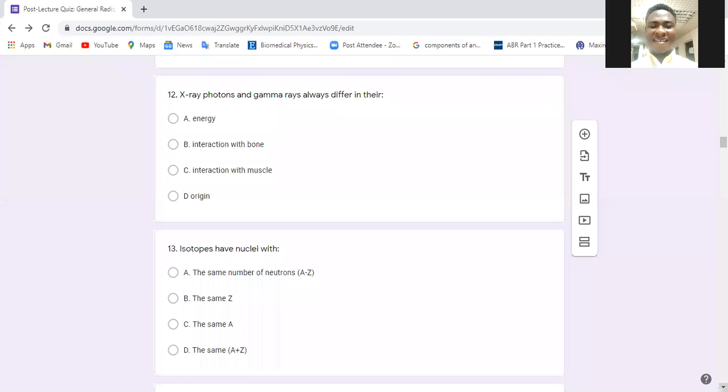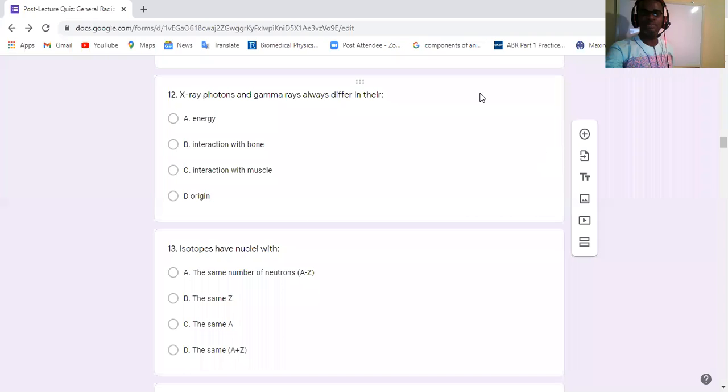Why the gamma rays from the nucleus? Okay, well, for me, the question is not too straightforward, because X-ray photons can come either from interaction of electrons with orbital electrons, or interaction of electrons with the nucleus. With the nucleus, we have the Bremsstrahlung X-ray, whereas the orbital interactions constitute a characteristic X-ray.